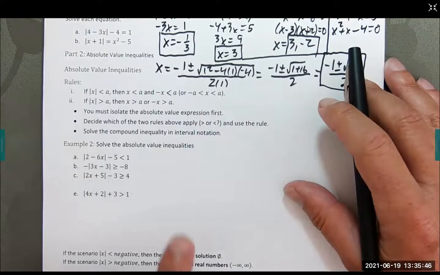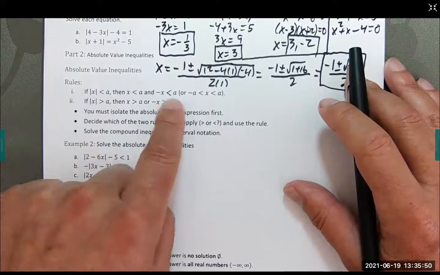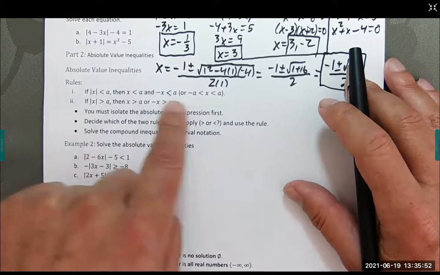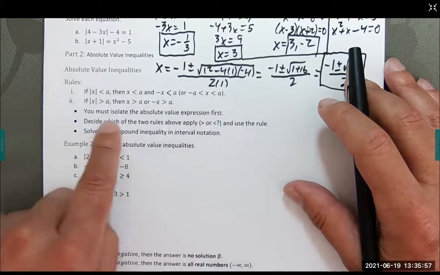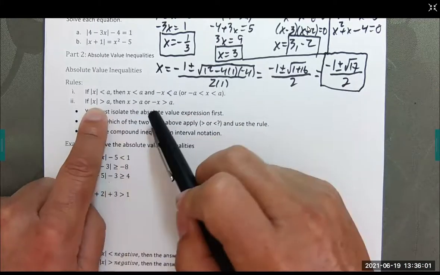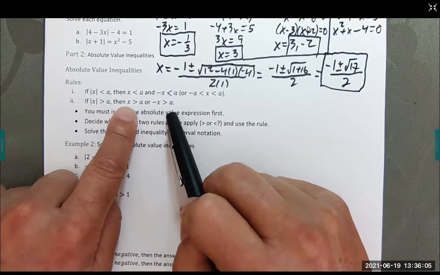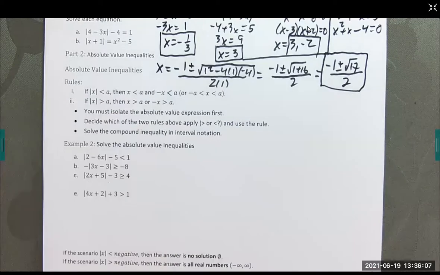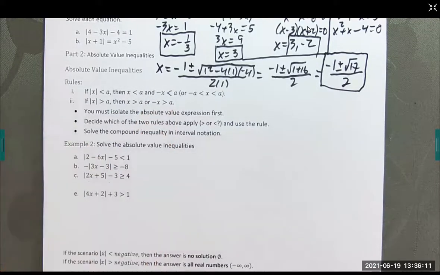For the less than ones, the negative version of whatever that is goes on the left, whatever's in the absolute value goes in the middle, and then the positive version goes on the right. Now, if it's greater than, we can't do that. We have to break it up into the greater than or the negative greater than, and you can see when we divide by a -1 or something that's going to switch the inequality and things like that. So let's go ahead and do this.